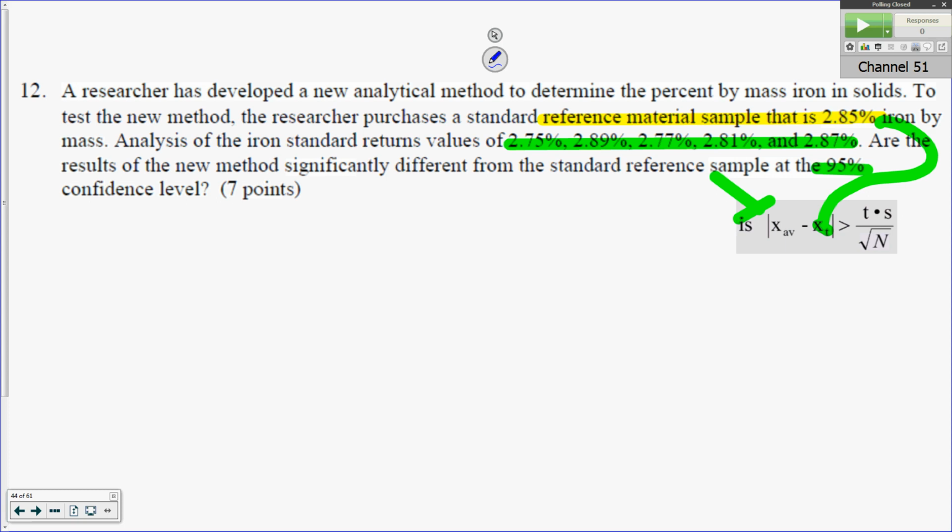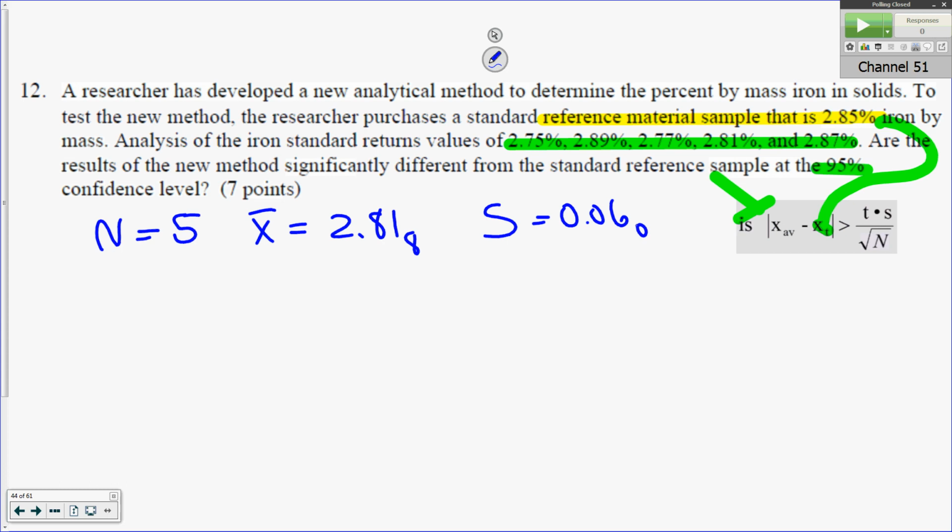All right, 5 data points. So for my set, n equals 5, x average equals 2.818, with an insignificant 8, and the standard deviation is equal to 0.060.